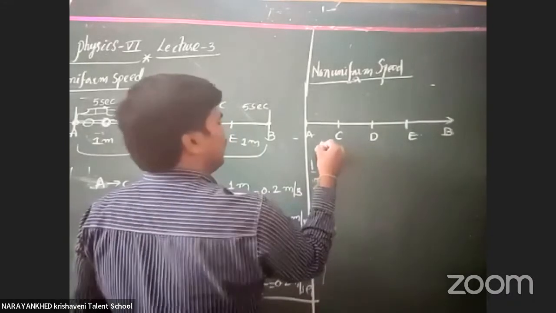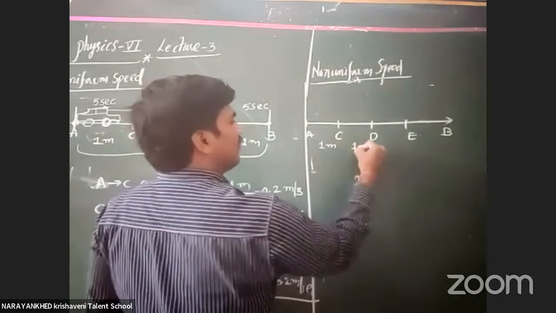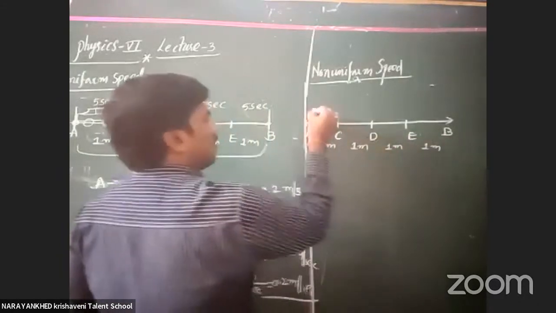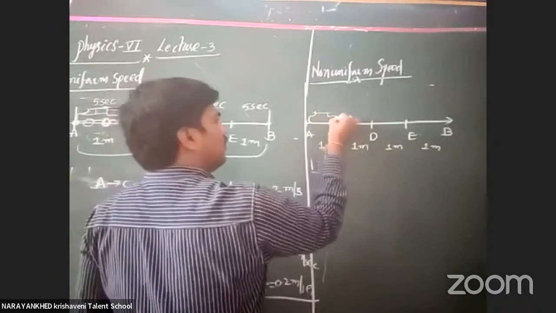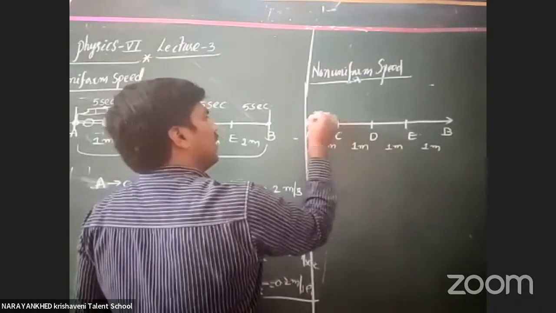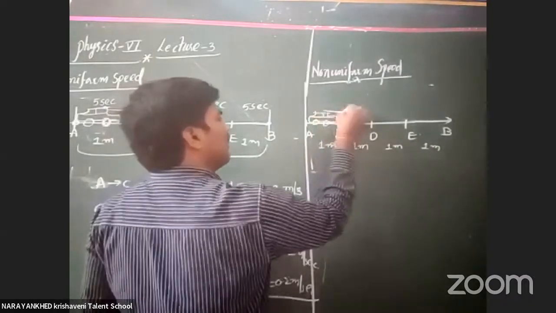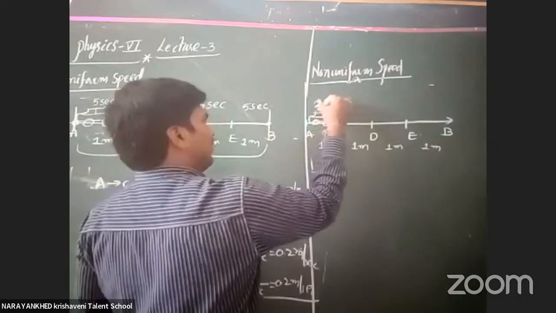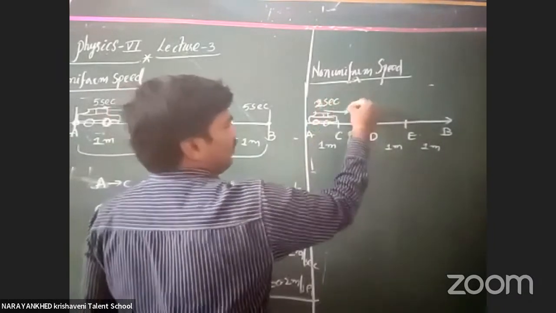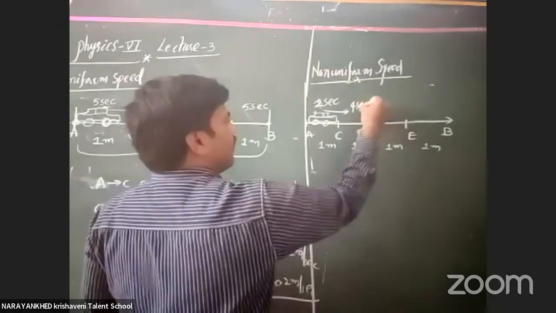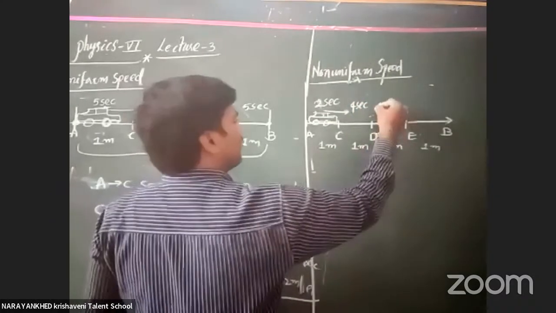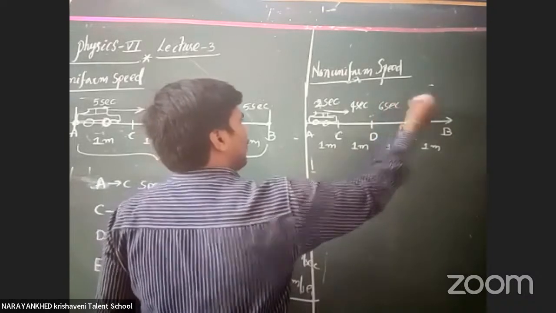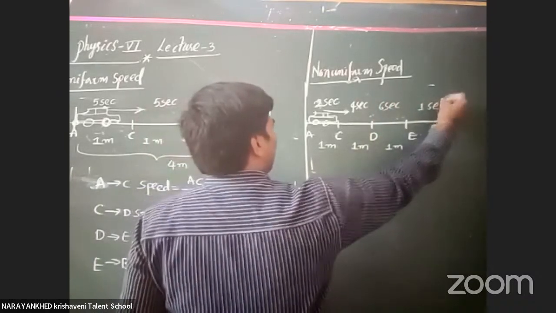What is the distance there? A to C is 1 meter, and the others are also 1 meter each. Now the car will start here and move in this particular direction. Suppose it takes 2 seconds here, then after that 4 seconds, then after that 6 seconds, and again only 1 second.